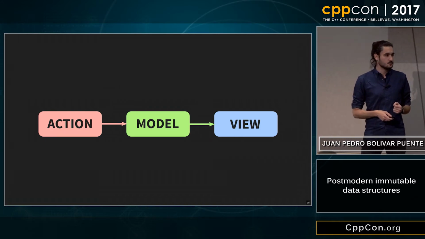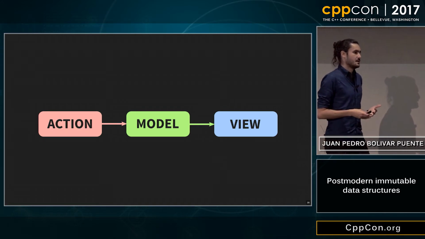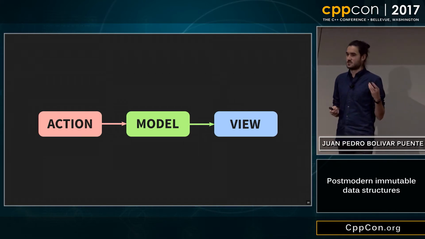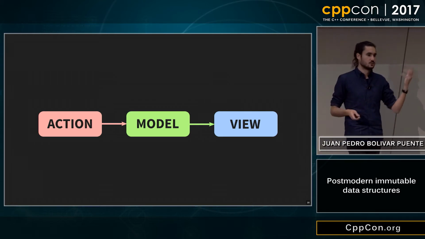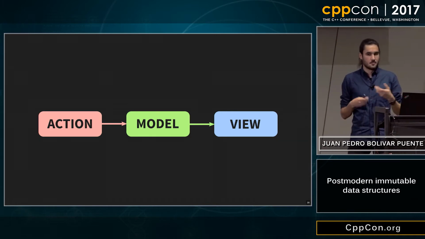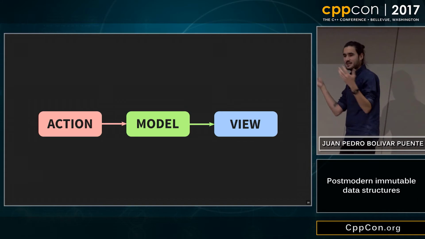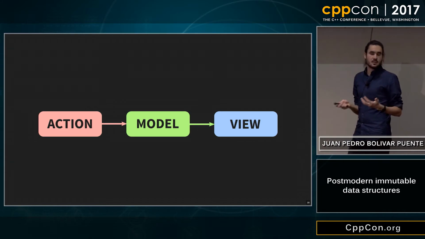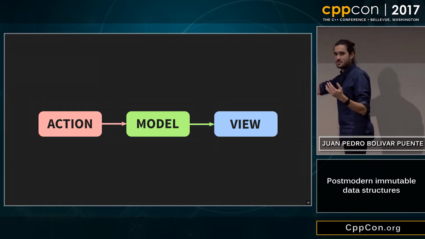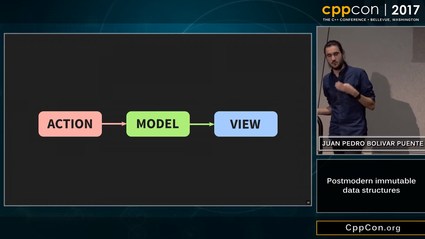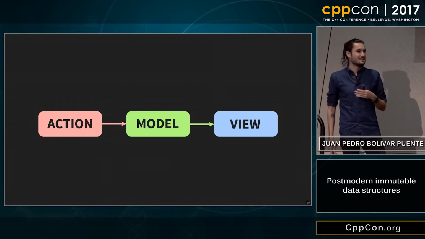But the basic idea is to say, okay, I have actions, which are some stimuli that come from the world. I have the model, which is a representation in computer space of the state of the world. And we have views, which are other representations, you could say, good for human consumption, right?